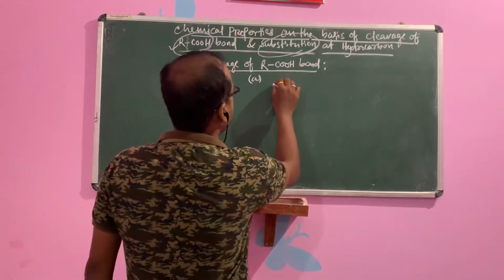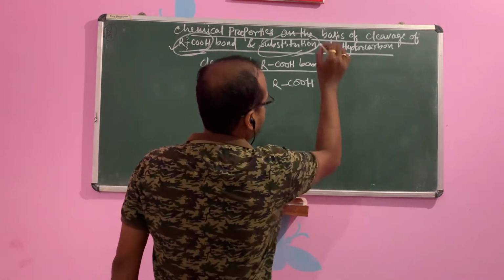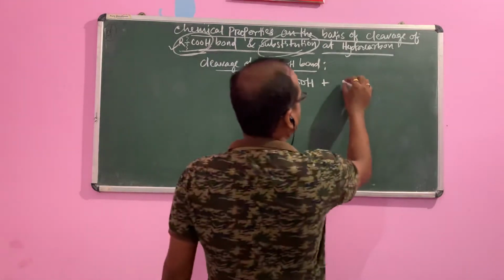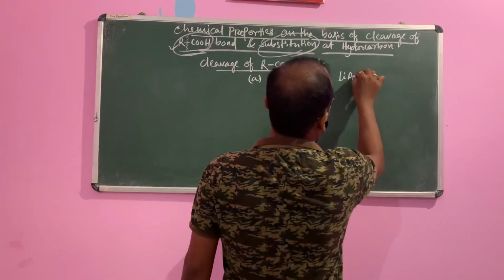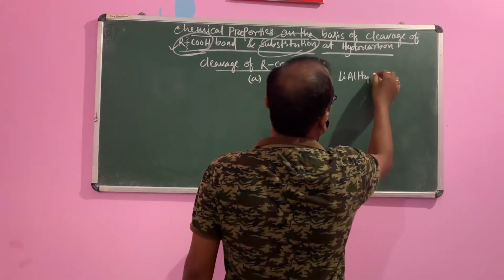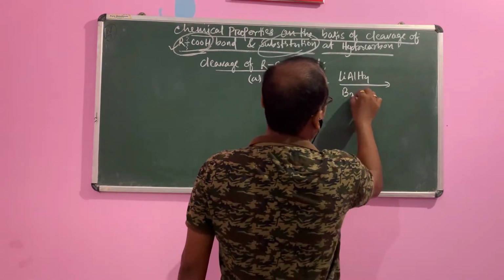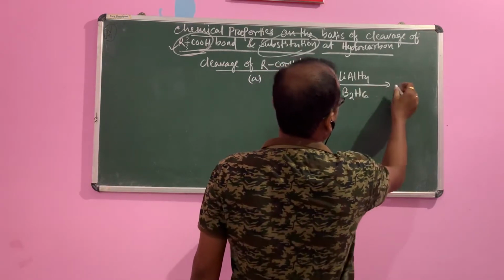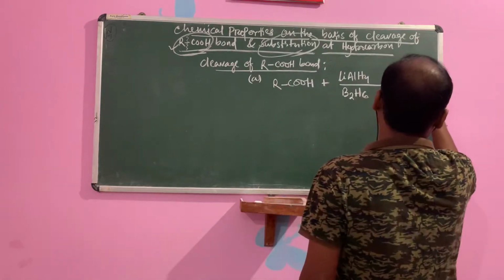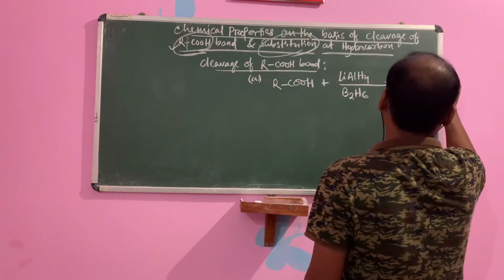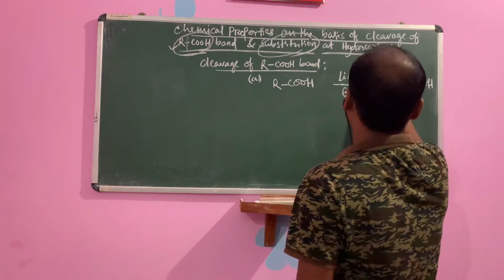So carboxylic acid, reduced in the presence of LiAlH4 or diborane B2H6, will give alcohol RCH2OH. Okay, so these are the reduction processes.